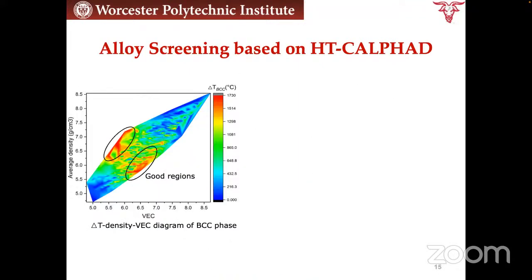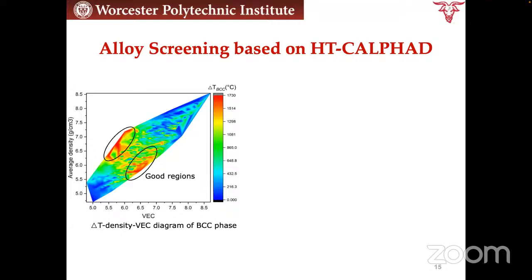So then we use this approach. This summarizes what we have for these 3,000 compositions. If you have some BCC high entropy alloy and you want it to survive high temperature, the ones in red show that these compositions will survive at a very high temperature. The y-axis is the elemental density.